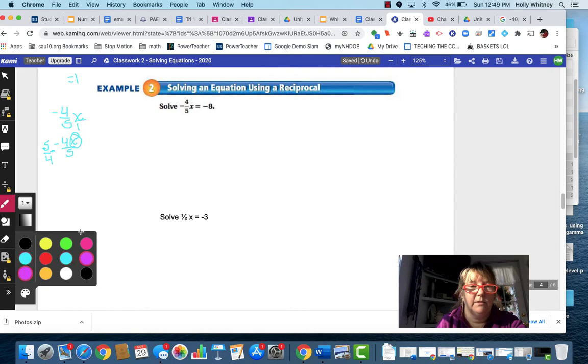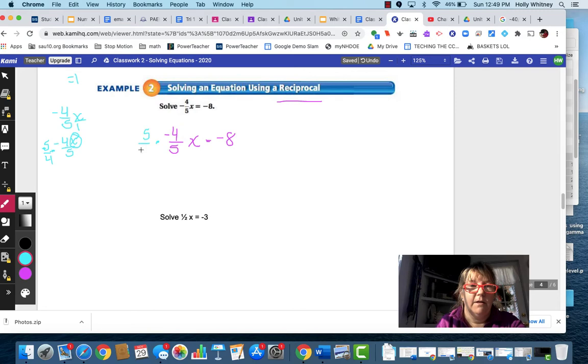So let's start here. I have negative 4 fifths x is equal to negative 8. Remember, I'm going to multiply by the reciprocal. So I'm going to multiply it by 5 fourths, and don't forget your negative. Negative 5 times negative 4 is 20. 4 times 5 is 20.